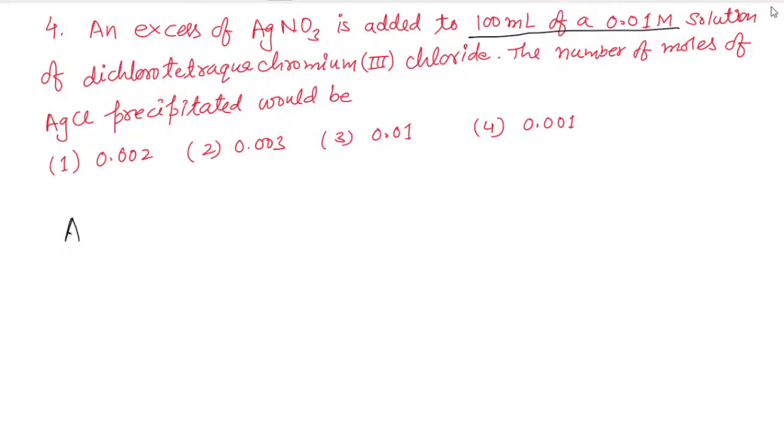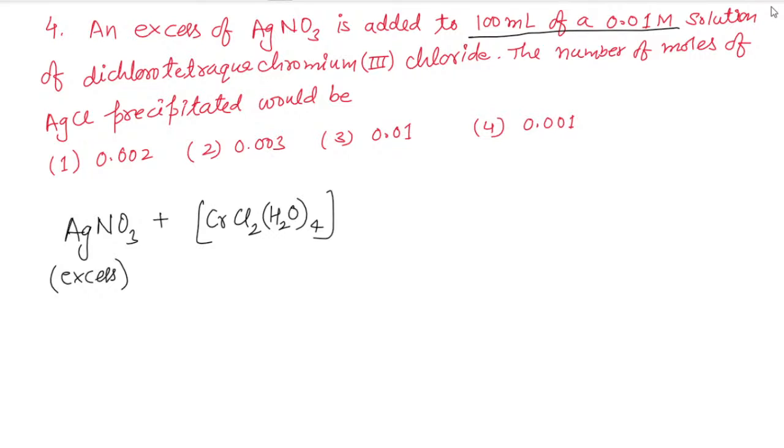We have AgNO3 in excess plus tetraaquadichlorochromium chloride, better to write aqua first, then dichloro.